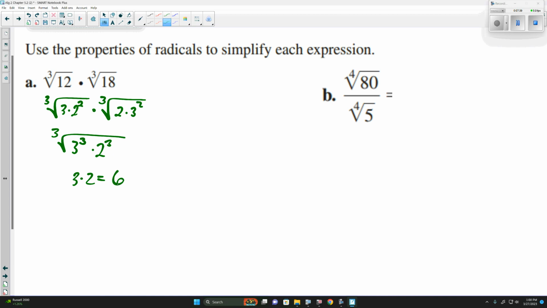Now, with the division, can we divide 80 by 5 nicely? Yeah. So what we can do is make this one rational expression. So we get the fourth root of 80 divided by 5. Well, 80 divided by 5 is 16.